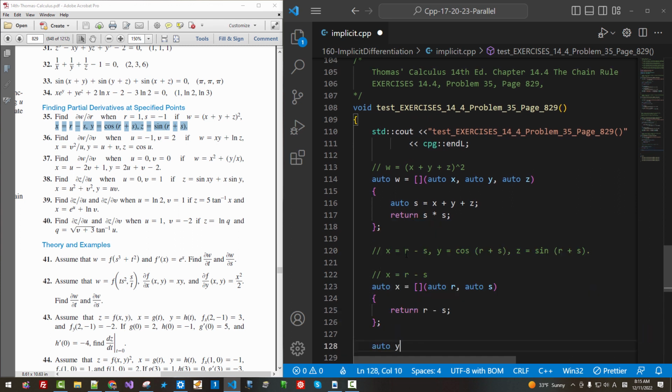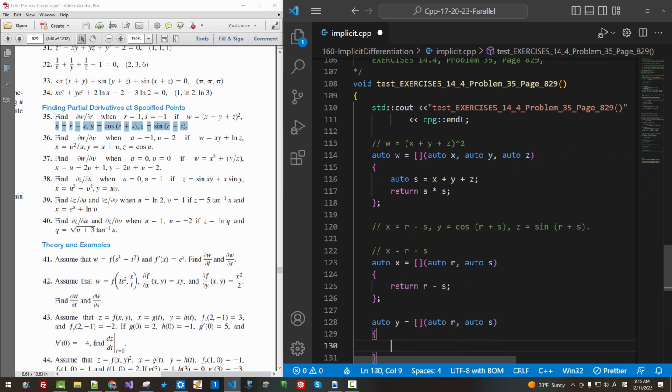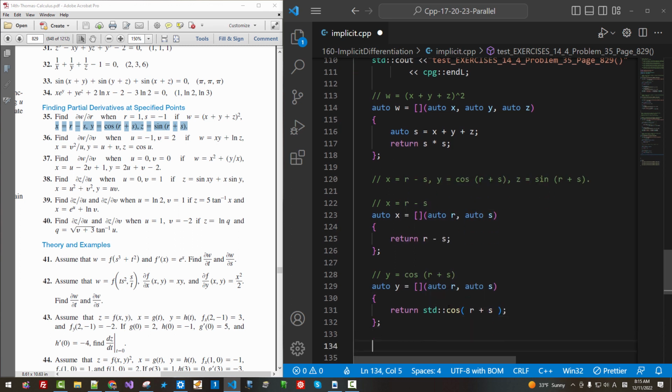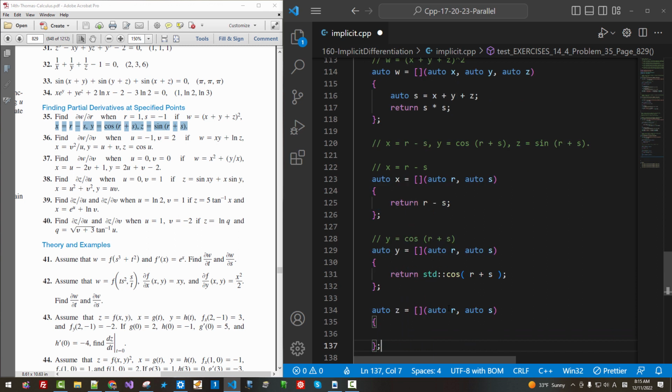Now Y, R, S. This is our function for Y. Return SED cosine R plus S. Don't miss semicolon. Now Z, R, S.